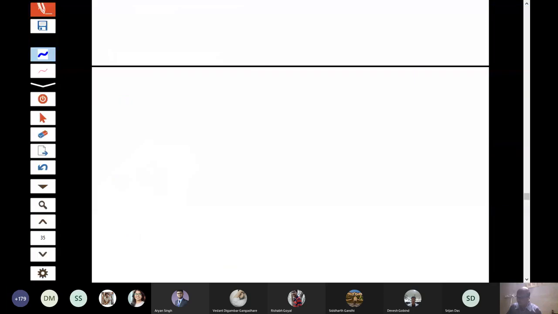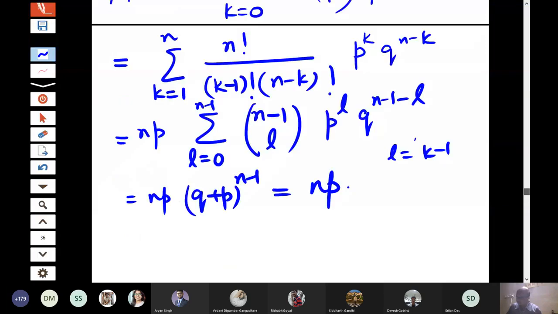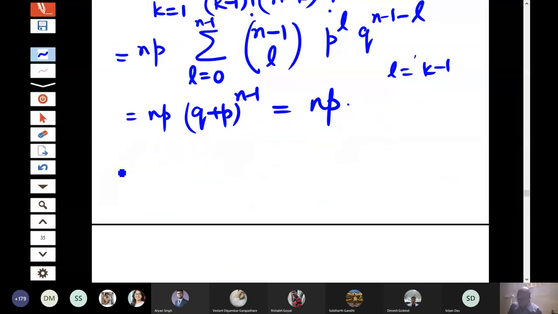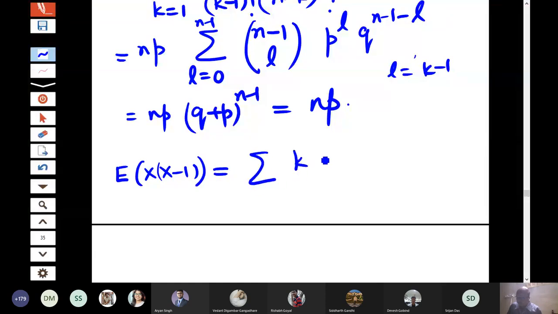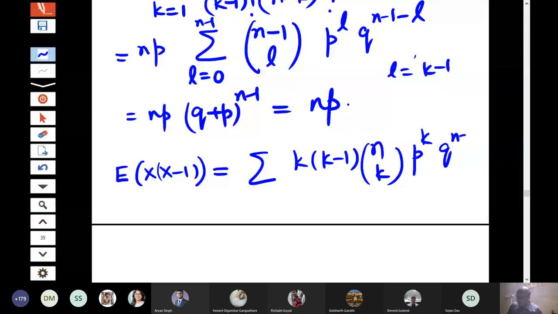So we look at the expectation of X into (X minus 1). That is the sum of k into (k minus 1) nCk p^k q^(n-k), for k equal to 0 to n. Again you can see that for k equal to 0 and k equal to 1, this term will cancel out.